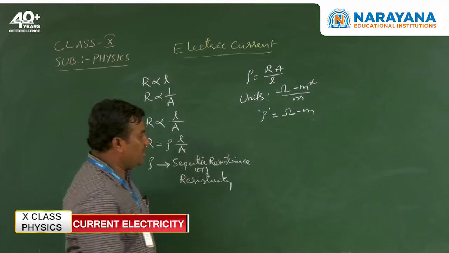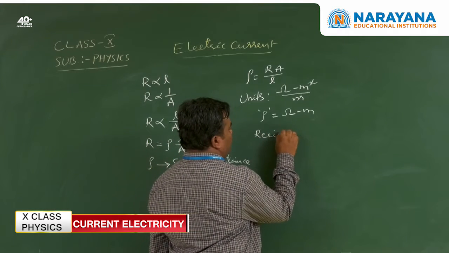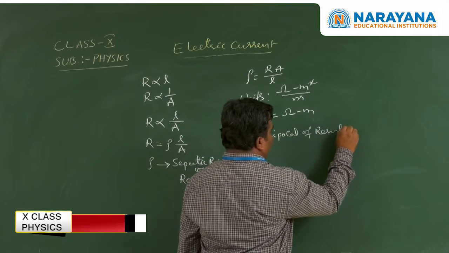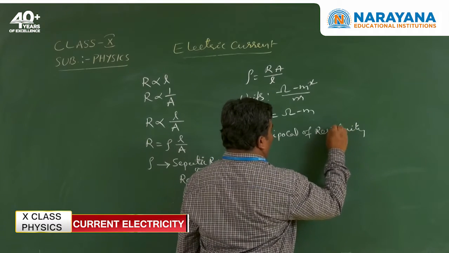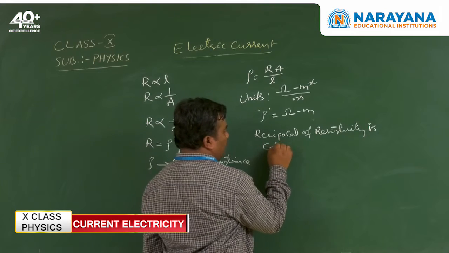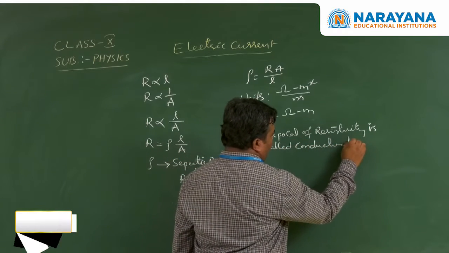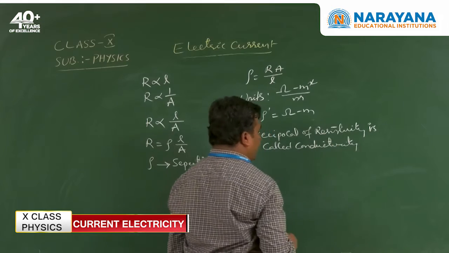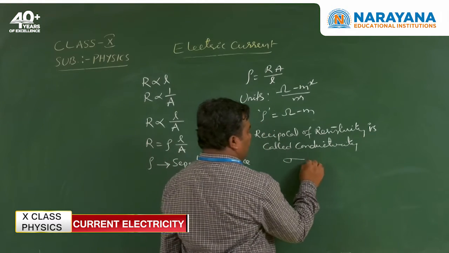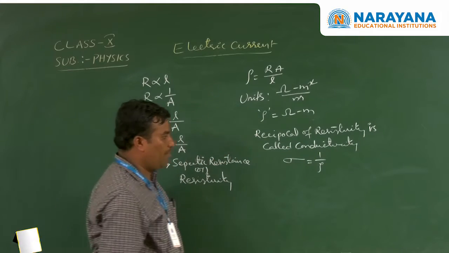Next, the reciprocal of resistivity is called conductivity. It is indicated by sigma, equal to 1 by rho.